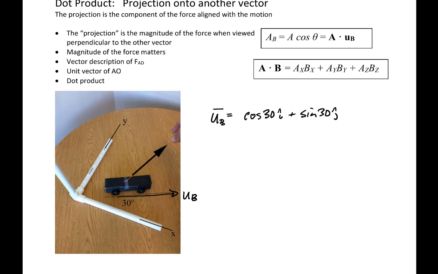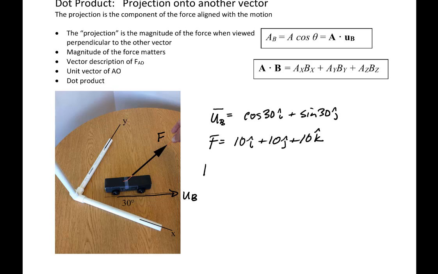Now, maybe we have a force. I didn't give that force, but let's just call it 10I plus 10J plus 10K. In other words, it's a three-dimensional force with a vector description. To find the projection onto that line, you just multiply the two together.